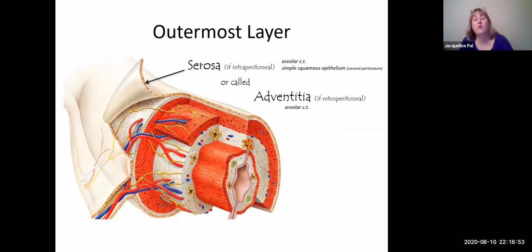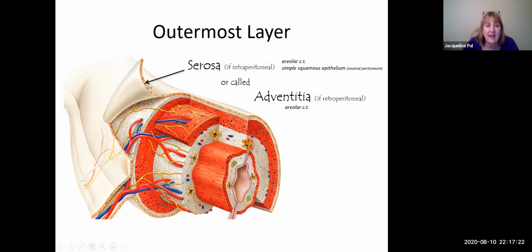Continuing on with our wall, the outermost layer actually has two different names, and which name is used is not your choice; it tells you something about that portion of the alimentary canal. If that portion is intraperitoneal, it will have a simple squamous layer of visceral peritoneum on it, a simple squamous epithelium, because remember, it's an outermost surface, so it has to have epithelium.